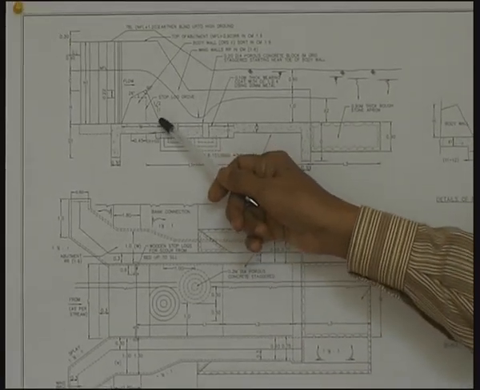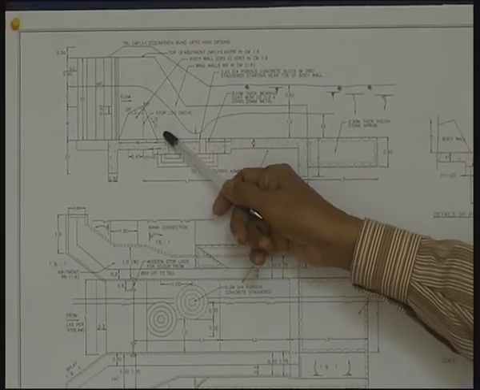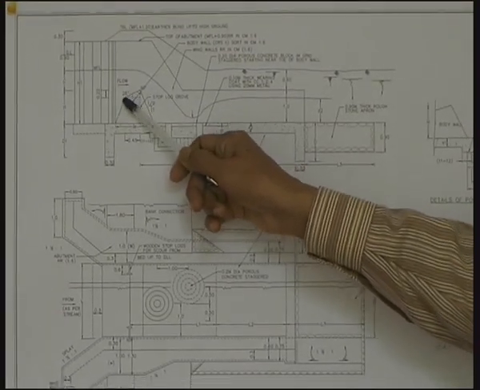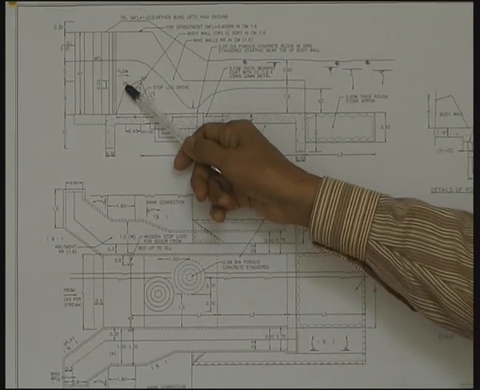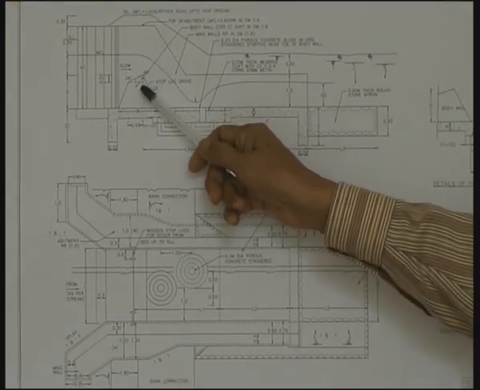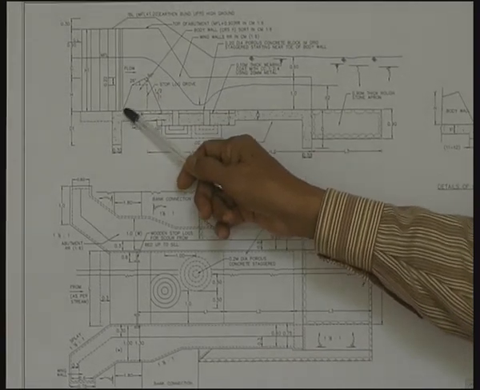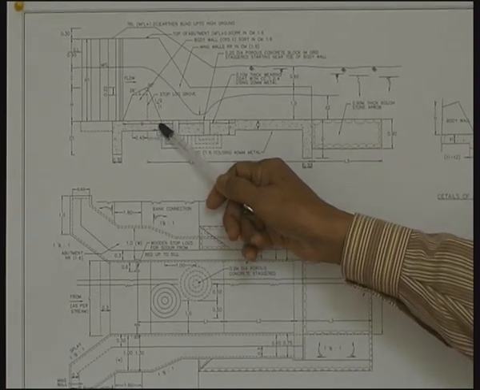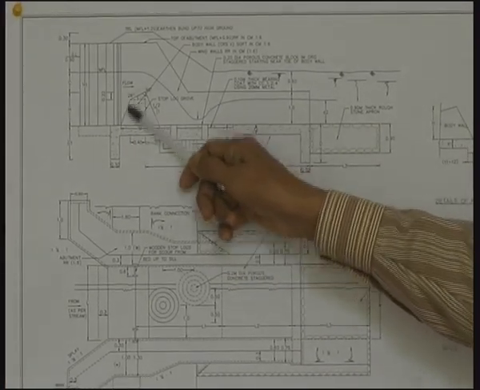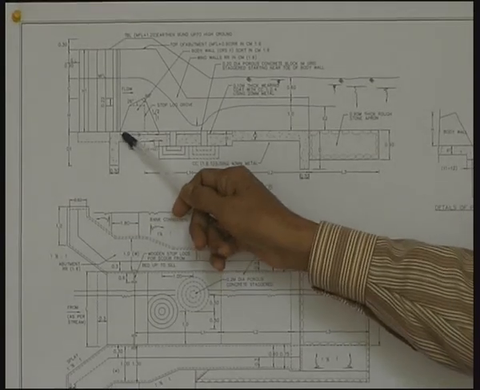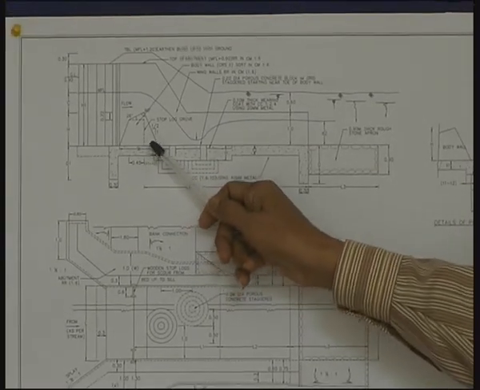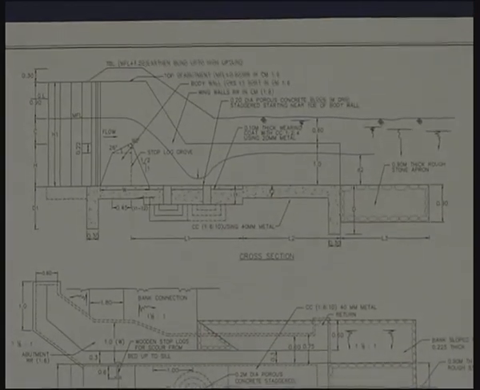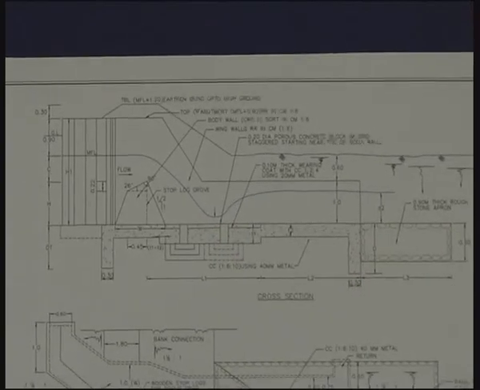For example, the downstream slope is half to 1, and the angle it makes here is 90 degrees, and the angle it makes to horizontal for this slope is 26 degrees, and this is whatever is the slope that is obtained while providing the base width. That would be the slope here. The base width as well as the dimensions of such a structure are given in ready reckoner tables that are supplied with the guidelines.